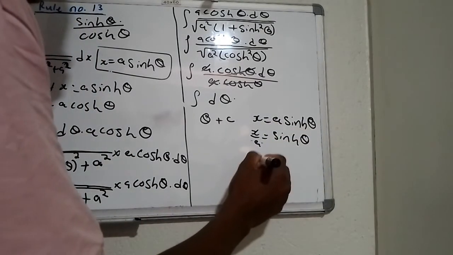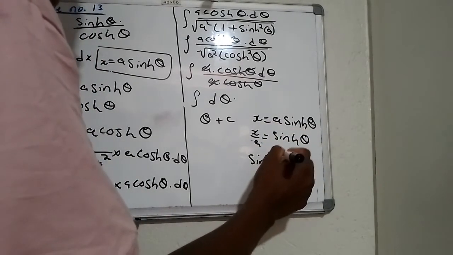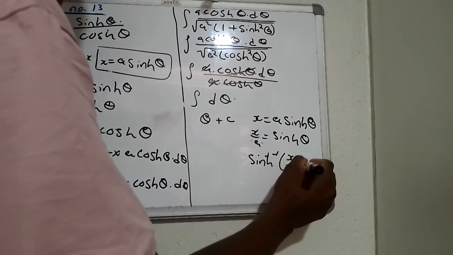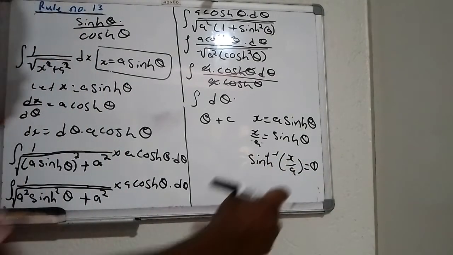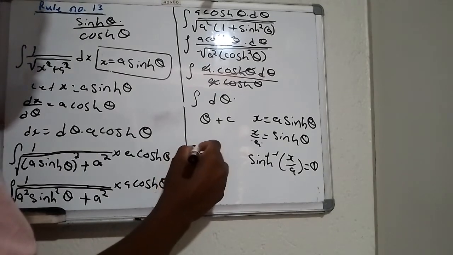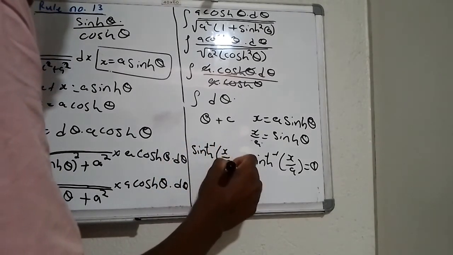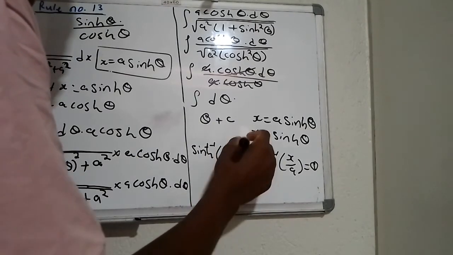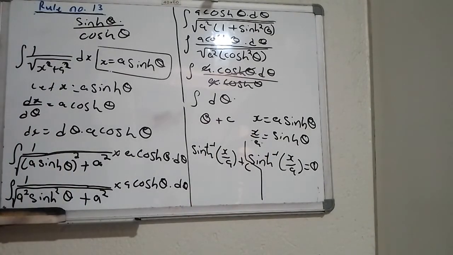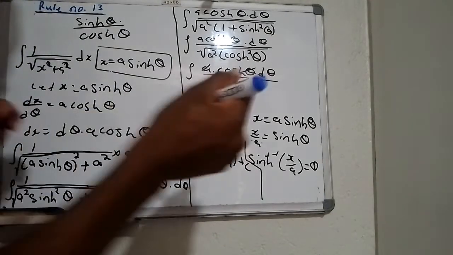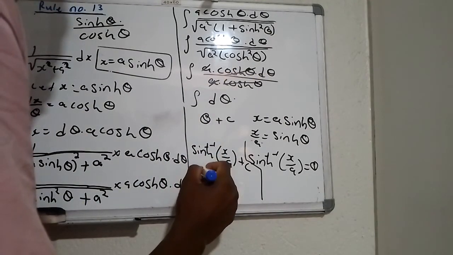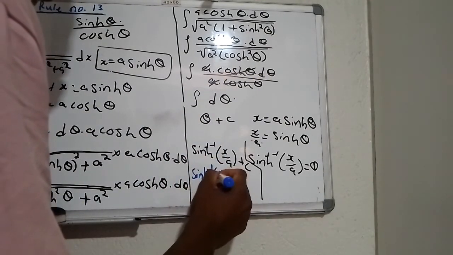Then hyperbolic sine inverse of x over a is equal to my theta. Then substitute it back here. I'm going to have hyperbolic sine inverse of x over a plus c. That is my solution. Let me write it here so that it's visible.